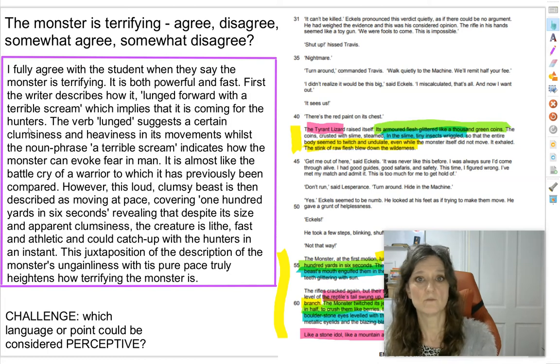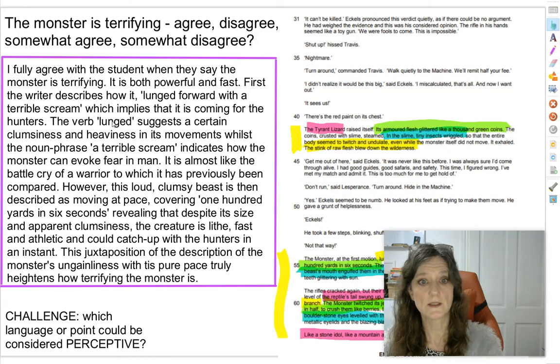Nothing really magical or special going on in that inference there. The verb lunged, so I'm zooming in now on a couple of the words, suggests a certain clumsiness and heaviness. I haven't written it here, but quite often you say, like in football, if someone lunges in for a challenge, you know that they're out of control of it. That's like the connotative meaning of lunge, isn't it? When you're lunging, there's some clumsiness associated, and I explained that when I zoom in.